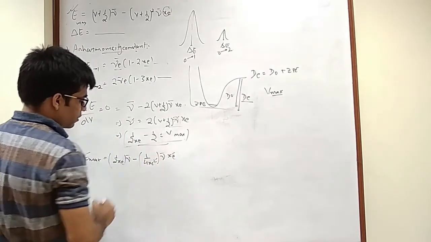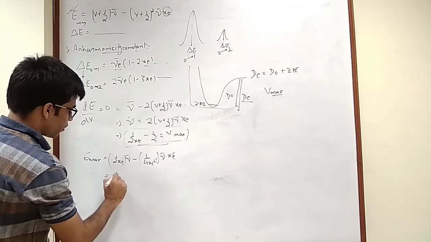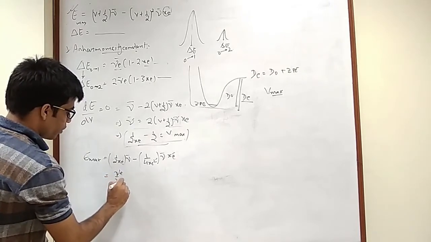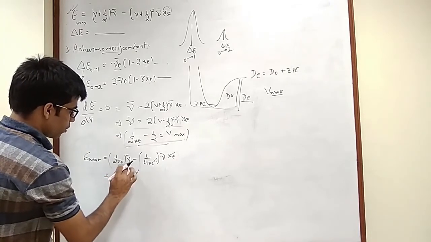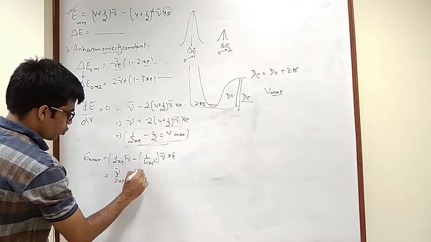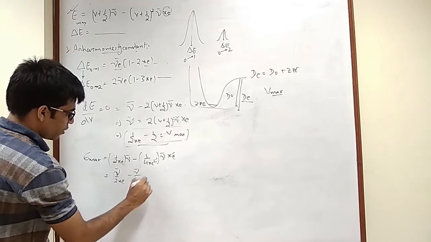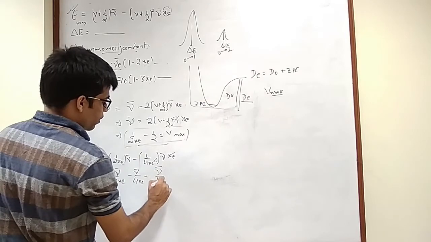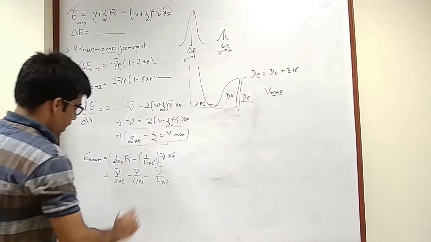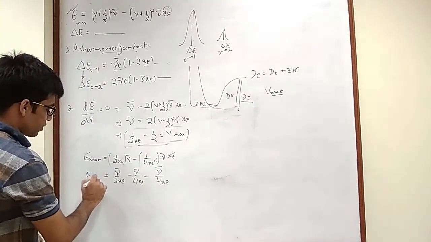So these get cancelled. We are left with mu bar by 2xe minus mu bar by 4xe. This should equate to mu bar by 4xe. And this is your E max.